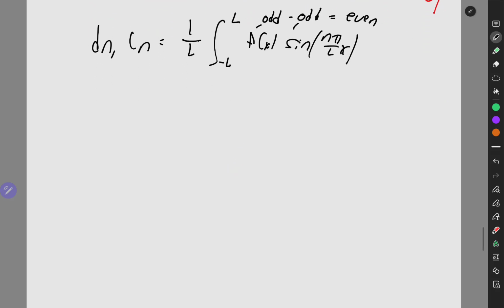Oh boy. I have the piecewise function written up here on my screen. You guys can't see it, but actually d sub n should be pretty easy to solve for.